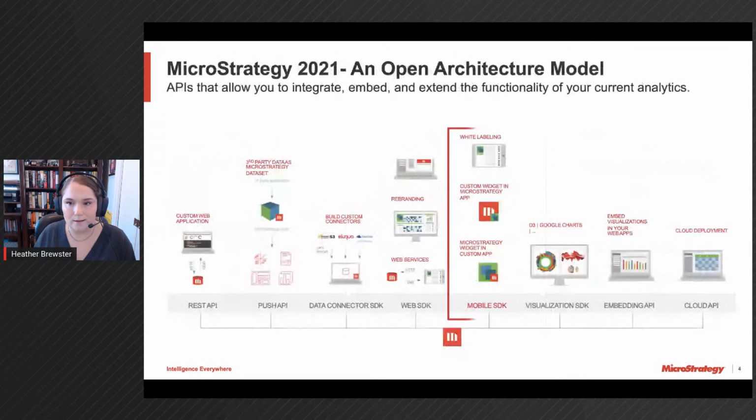With an open architecture, this really allows you to extend, integrate, and embed MicroStrategy across all your existing investments. And you can use a wide variety of products, including Library Mobile SDK.